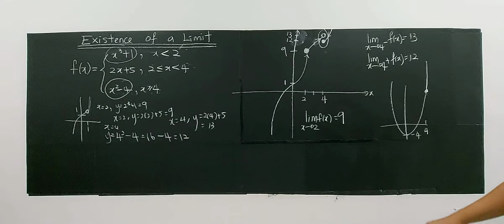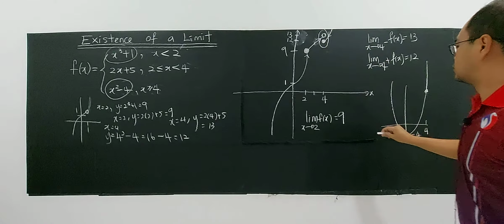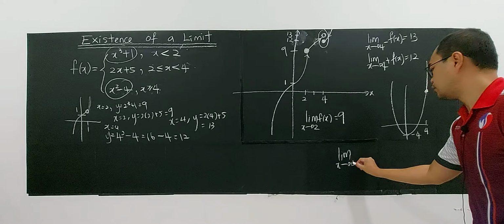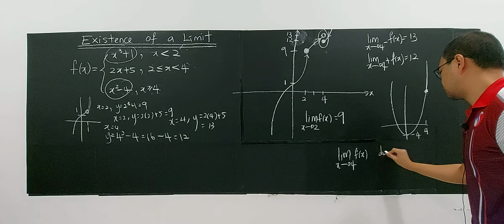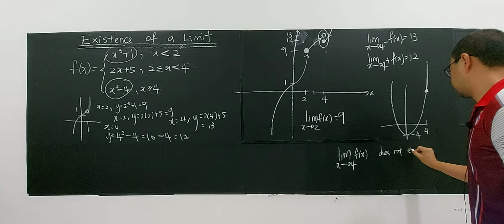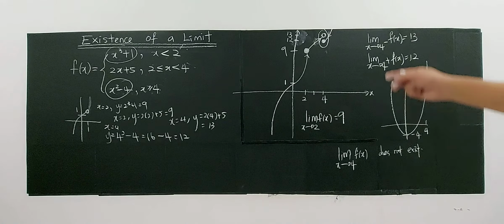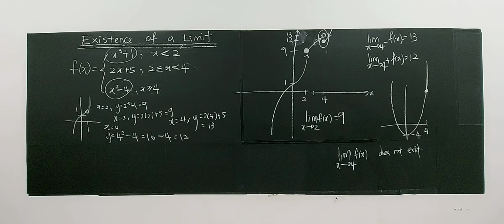So now you know that the limit does not exist here. The limit as x approaches 4 for this function f(x) does not exist. So that's the meaning in graphical way. Alright, so hope you understand the meaning of existence of limits.